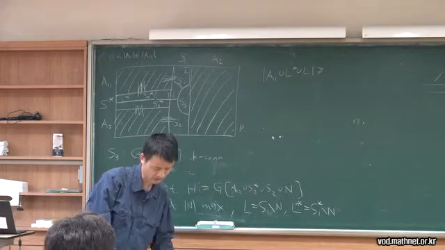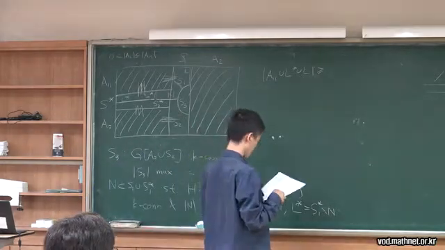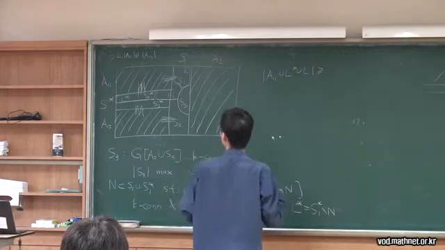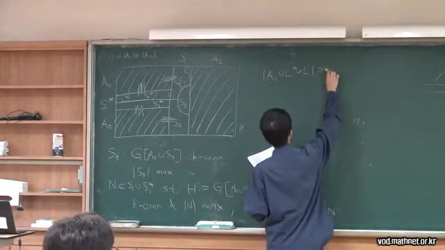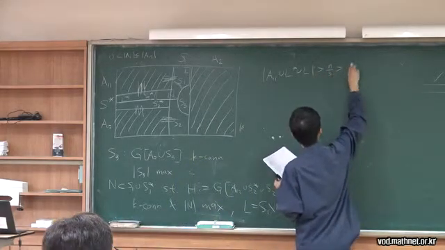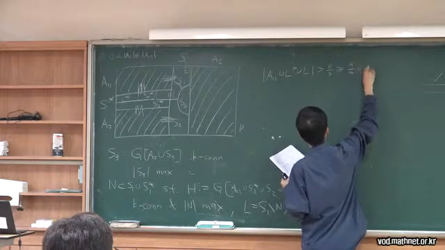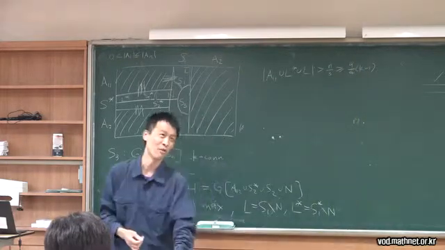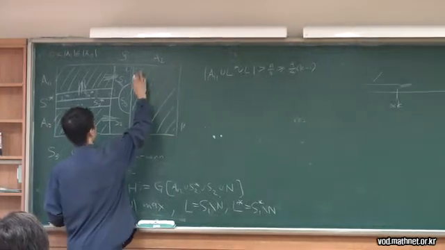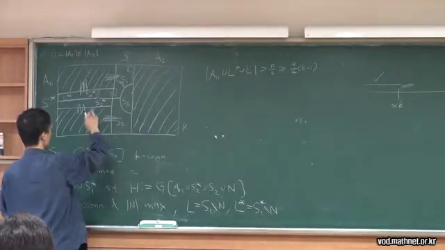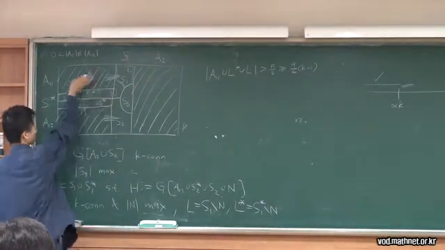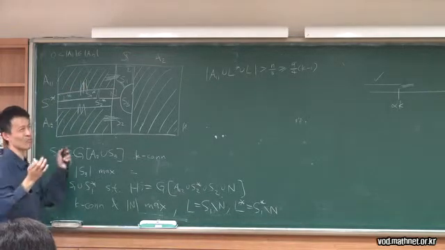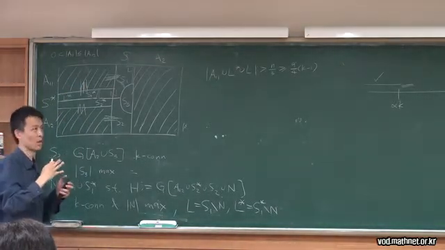I claim it's more than n over 3 because this part is K-connected and h is K-connected, so they take up at most 2/3 n.